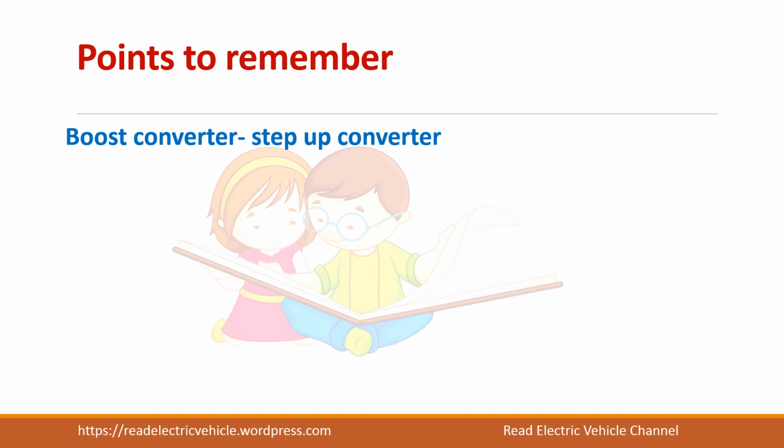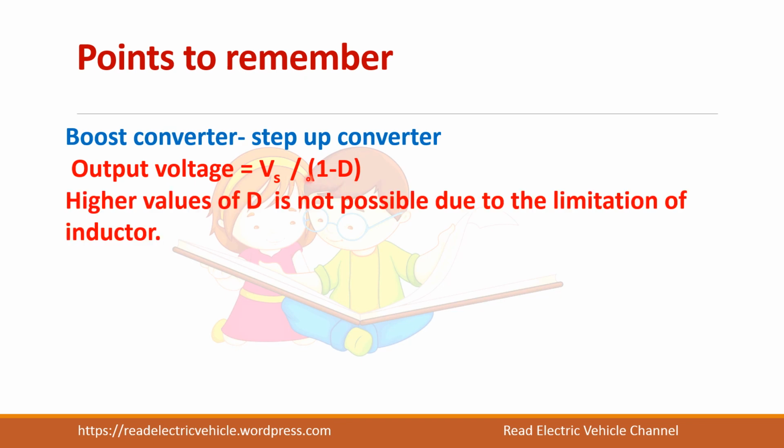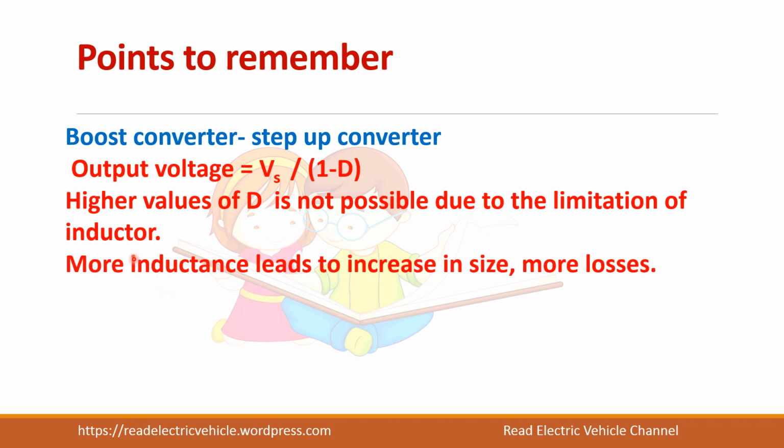So the points to remember here are: the boost converter is also called a step up converter because the output voltage is always greater than the supply voltage. Output voltage is equal to Vs divided by 1 minus D. But you cannot have a very high value of D due to the internal resistance of the inductor.